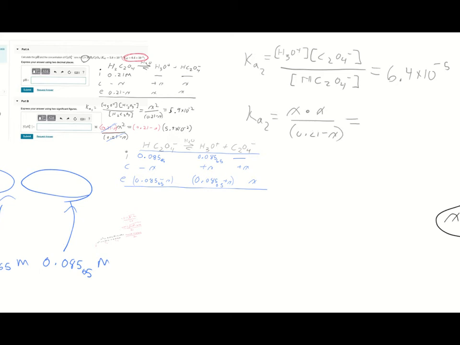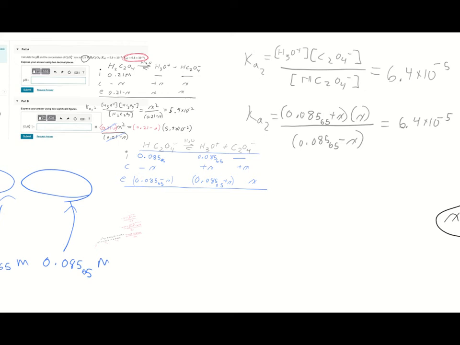Whoops, what did I do? I was looking at my wrong ice chart there. Forgive me. I did that on purpose to try to confuse you. Of course, it's 0.08565 plus x, times x, divided by 0.08565 minus x, is all equal to 6.4 times 10 to the negative fifth.